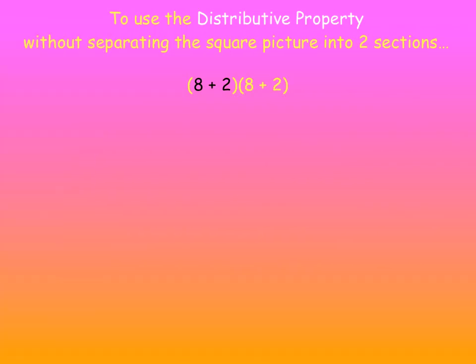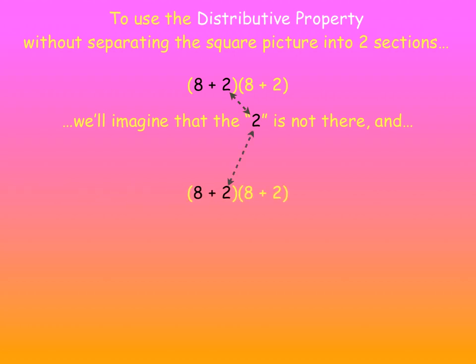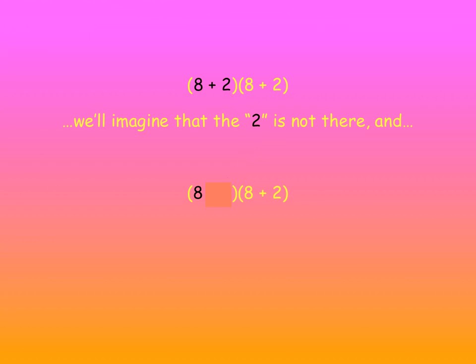To use the distributive property without separating the square picture into two sections, we'll do it like this. We'll imagine first that the 2 is not there. Okay, we'll just erase it in our imagination. And then we'll multiply 8 times the first number and then multiply 8 times the last number.